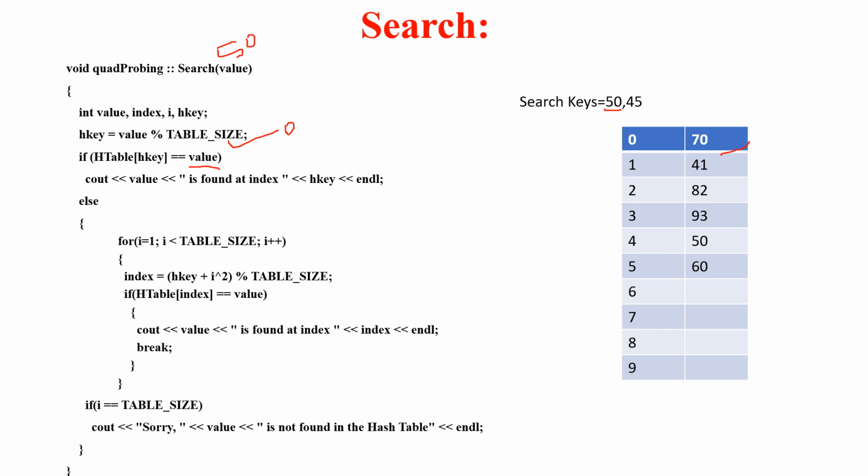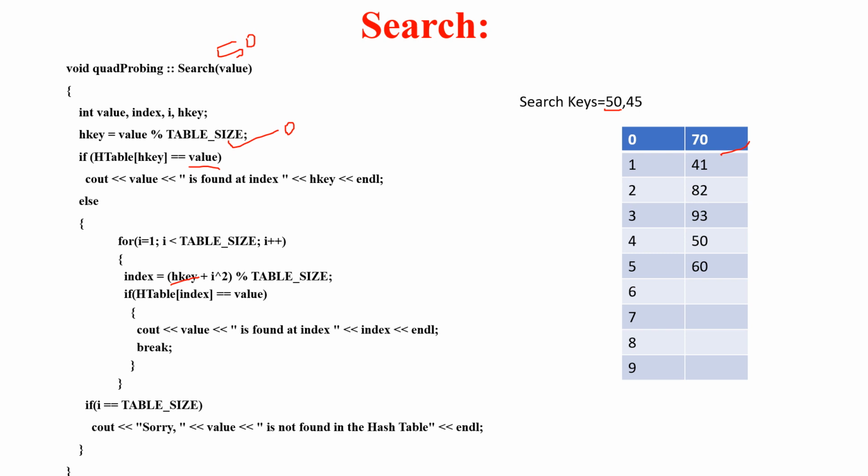Then again calculate index. h of k value is 0 plus i square. You calculate the index using that h of k value 0, and then i square, i value is 1, 1 square. 0 plus i square, what you are getting is 1 modulus table size, which is 10.